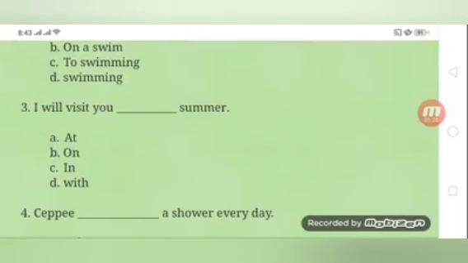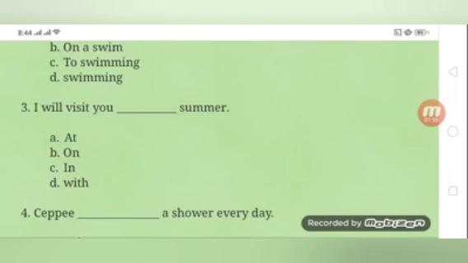Next, number 3, I will visit you blank summer. Okay, so prepositions, the use of prepositions. If you are going to use the preposition of time for at, you're referring it to the exact time. Like for example, at 7 o'clock, at 9 o'clock, like that. How about on? On is used for the day and dates, like on Sunday, on Monday, and on January 10, on April 22, like that.